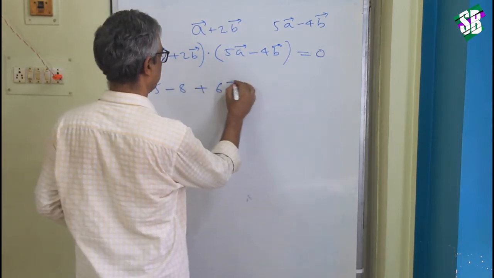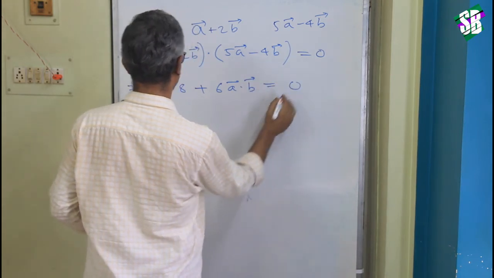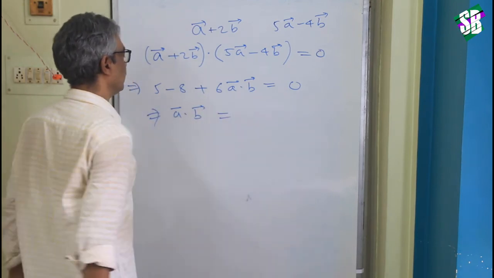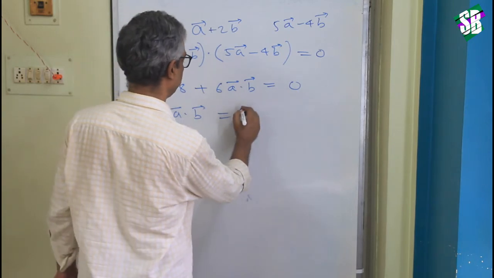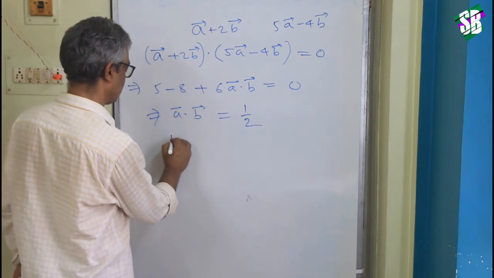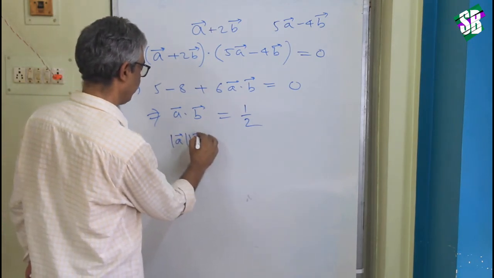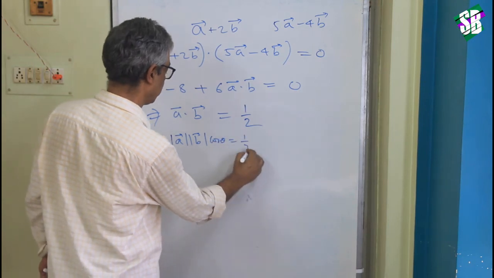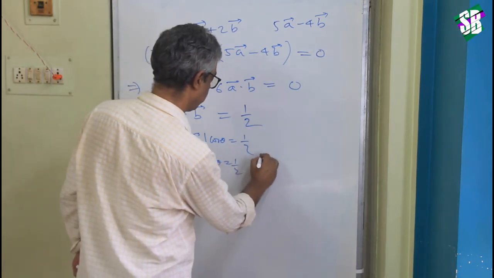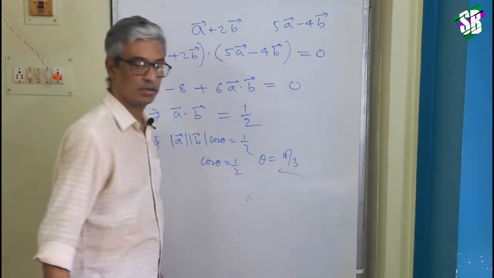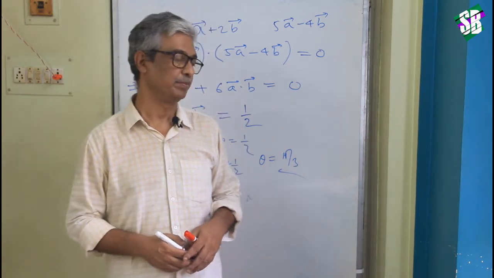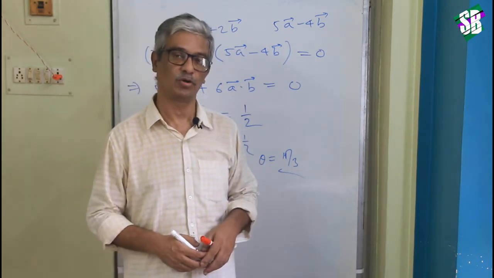So 6a vector dot b vector equal to minus 3, so a vector dot b vector is equal to minus 3 by 6, means minus half. Now this is mod a vector mod b vector cos theta equal to half, but mod a vector mod b vector is 1, so cos theta equal to half. So cos theta equal to half means theta equal to pi by 3. Which option is pi by 3 or 60 degrees? Option B is pi by 3 or 60 degrees. So option B is correct.